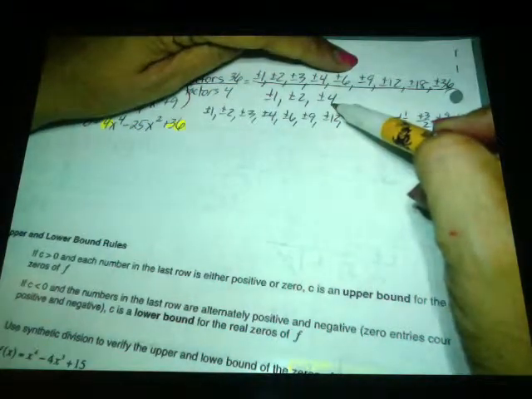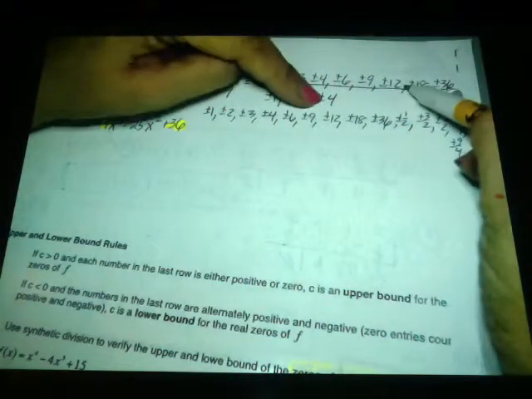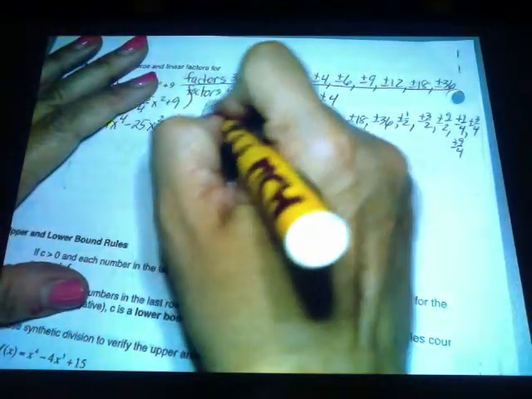That's 3/2. We have that. How about 9 over 4? Ooh, we don't have that one. So plus or minus 9/4. 12 over 4 is 3. We have that. 18 over 4. 9 over 2. We have that. 36 over 4. That's 9. We have that. So we now have all the possibilities.